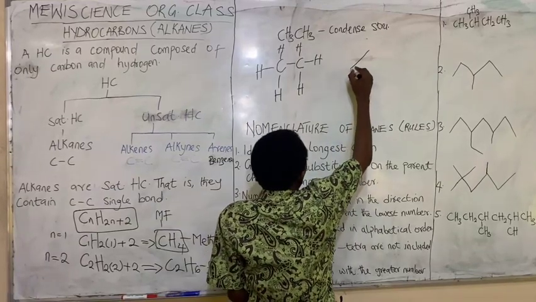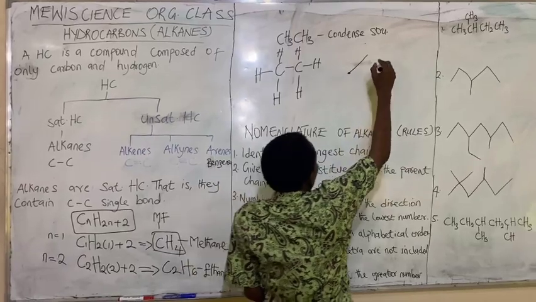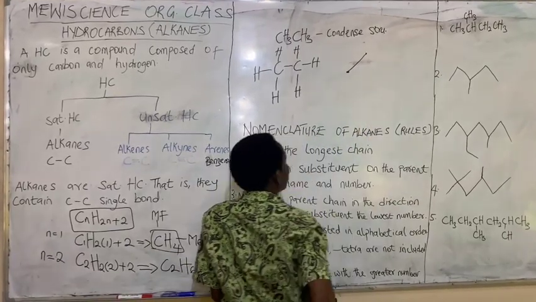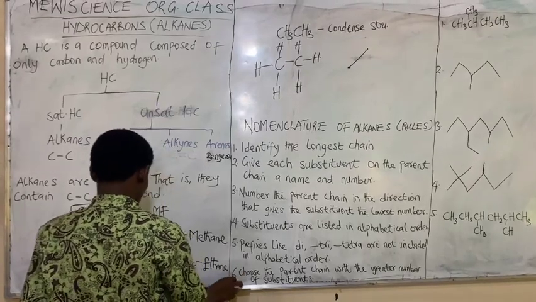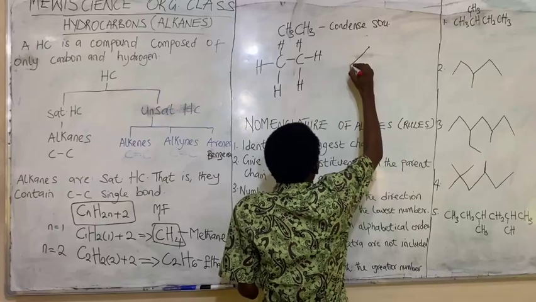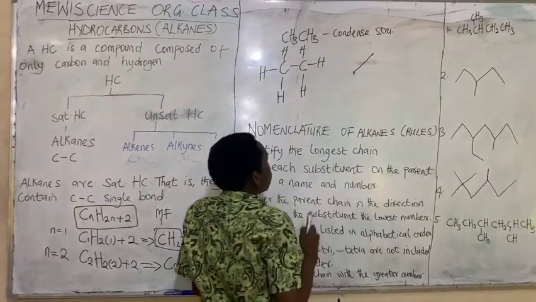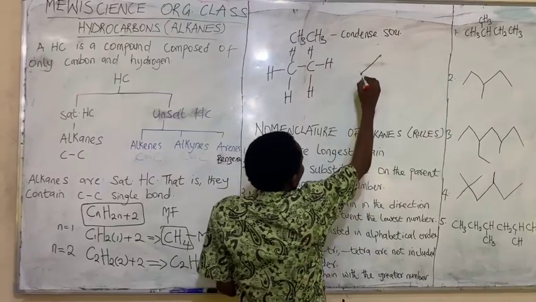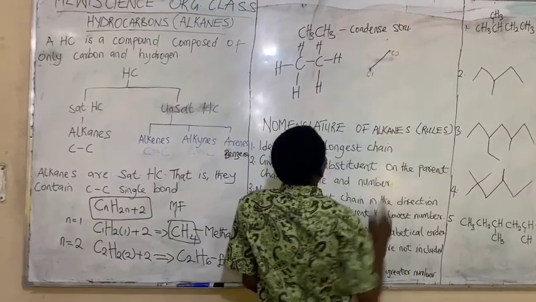This point here has a carbon, and this point here has a carbon. So how many carbon do we have here? We have carbon 1 and carbon 2.